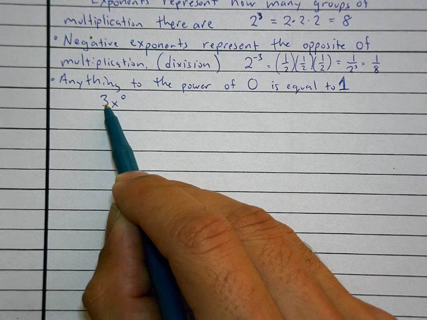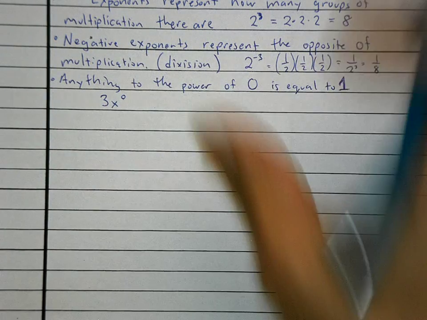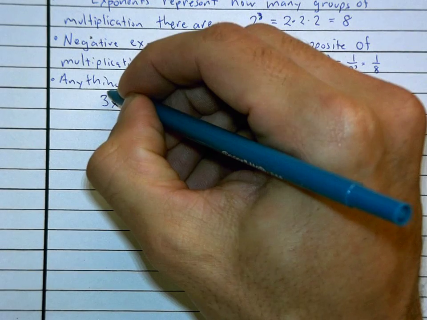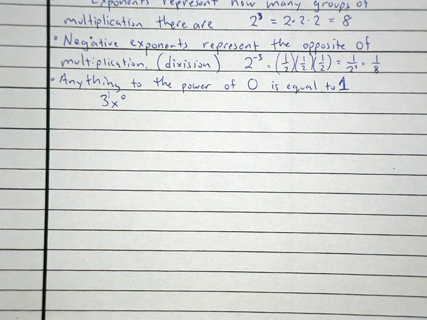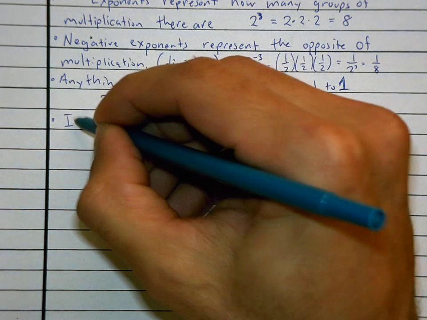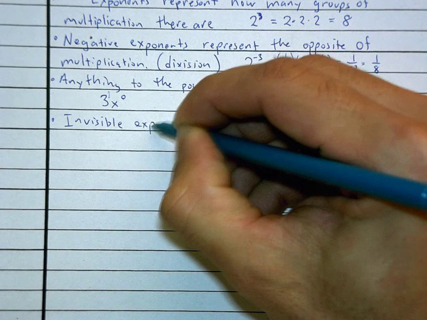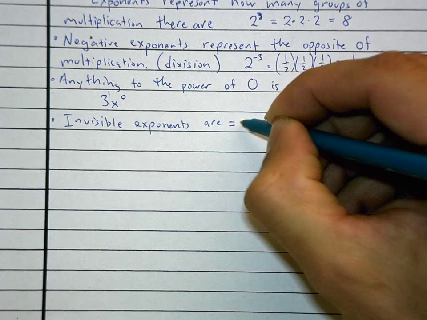If I look at this 3, there is an exponent there. Like, how many groups of 3 do I have? I have 1. There is an invisible 1 right there. So my fourth and last bullet point says this: invisible exponents are equal to 1.